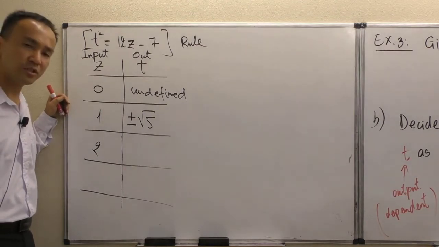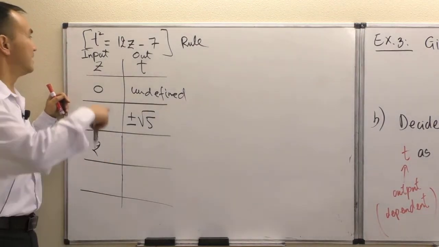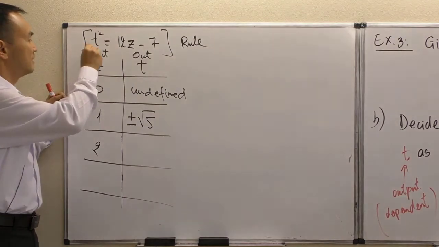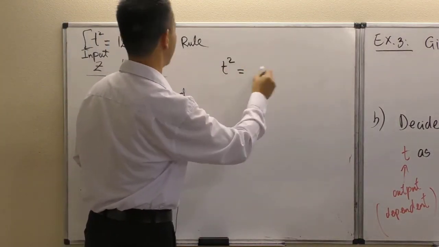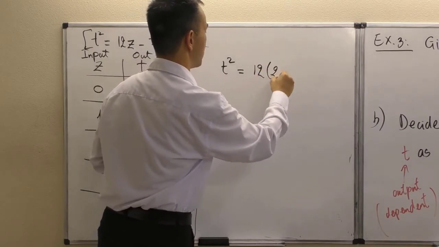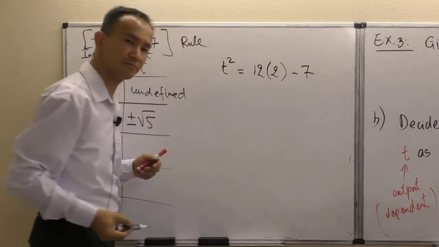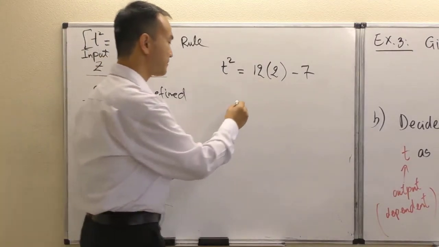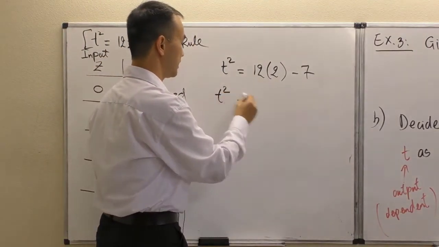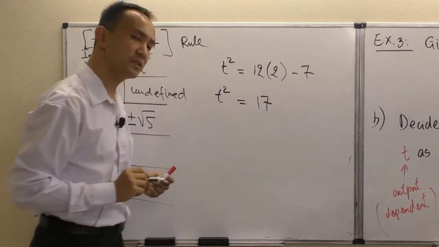If z equals 2 as an input, then t squared equals 12 times 2 minus 7. That's 24 minus 7, which is t squared equals 17.